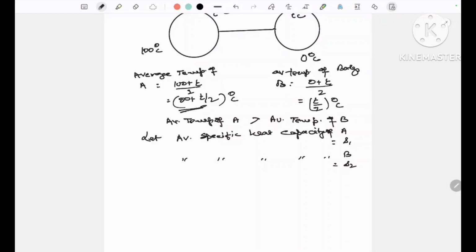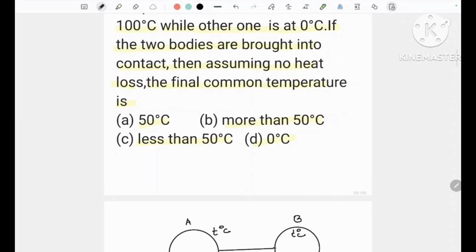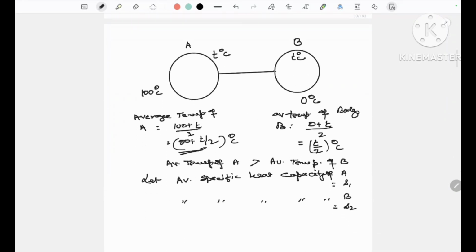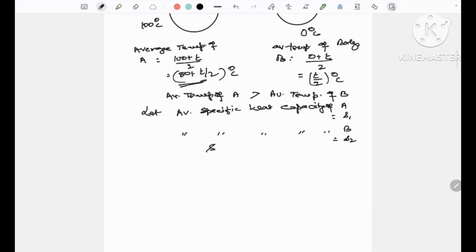Average temperature of A is more than average temperature of B and heat capacity increases with temperature. Hence, S1 is greater than S2.